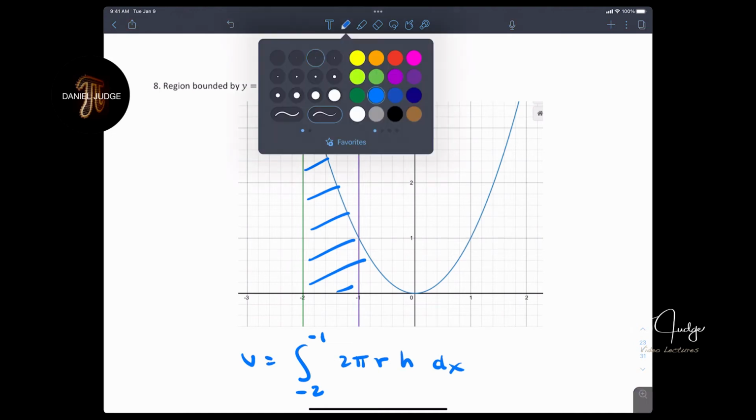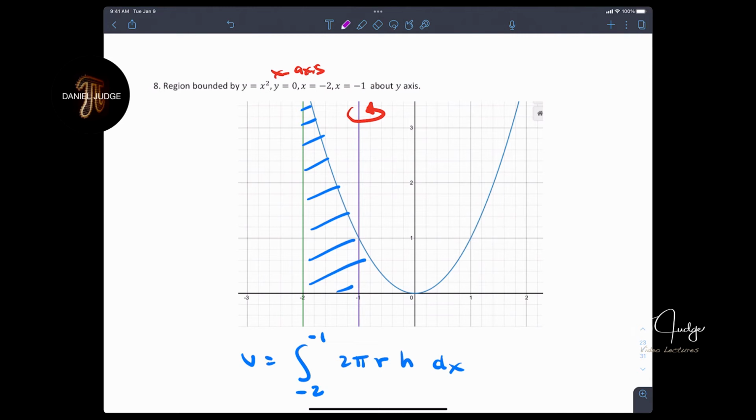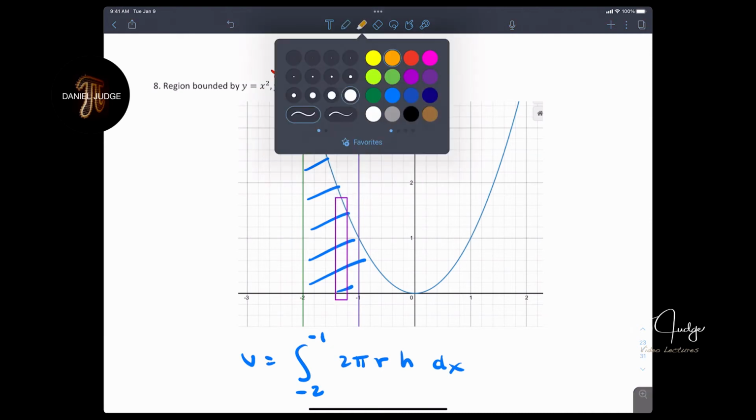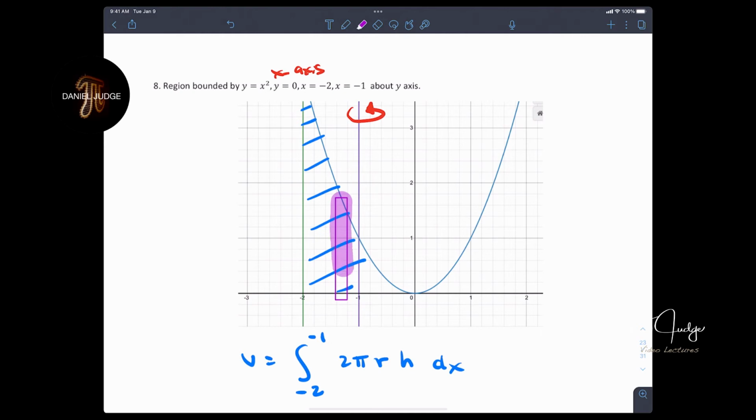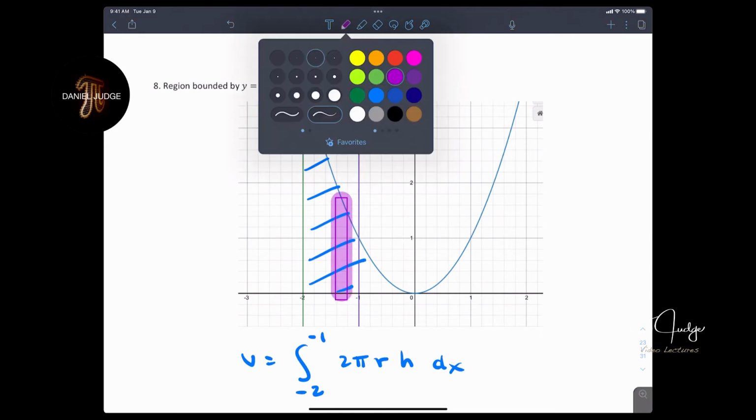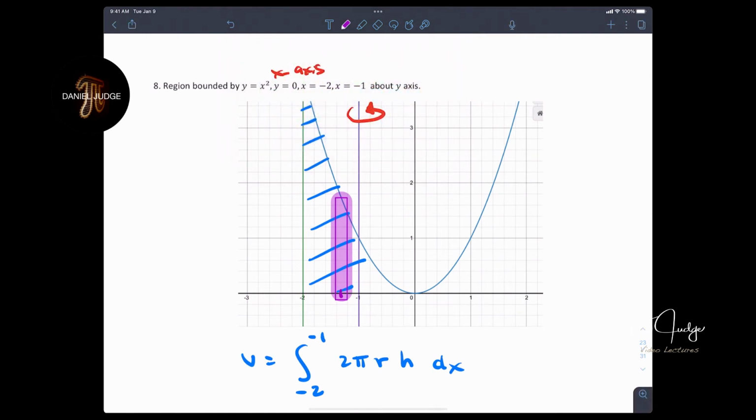And when you draw the approximating rectangle, make sure something like that. Okay. You have this x.